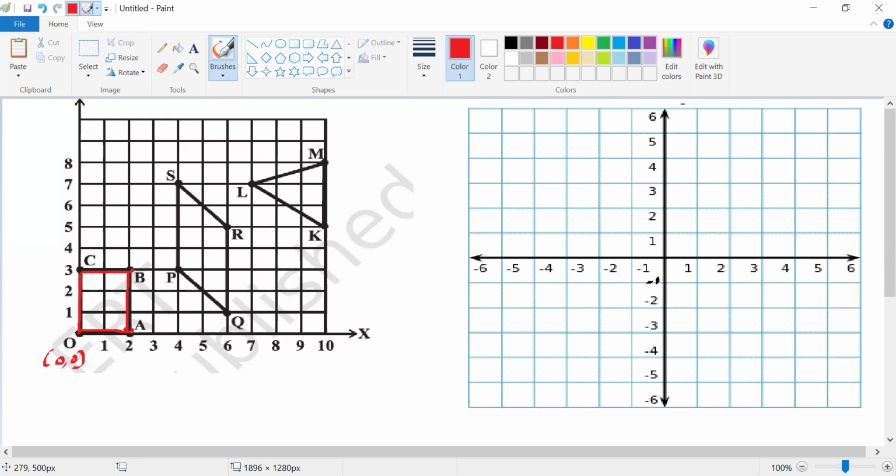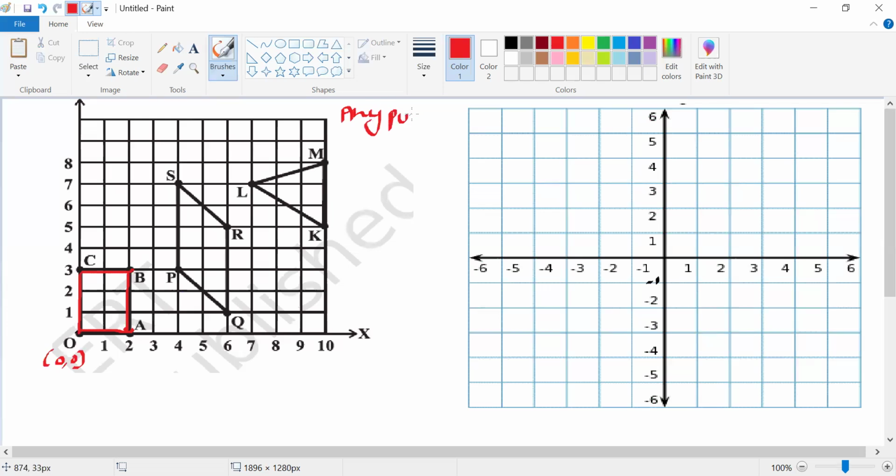Coordinates of A, where is it lying? It is lying on x-axis. Any point lying on x-axis, its y coordinate is 0. That is very important one.